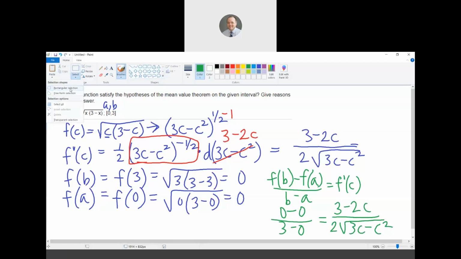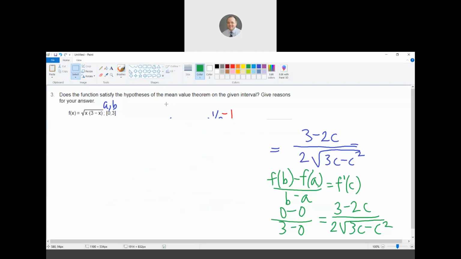Now, let me erase a little bit of the left side of our page. So the left side of our equation, we have 0 over 3 equal to 3 minus 2c all over 2 times square root of 3c minus c squared. Now the entire left side is actually 0.